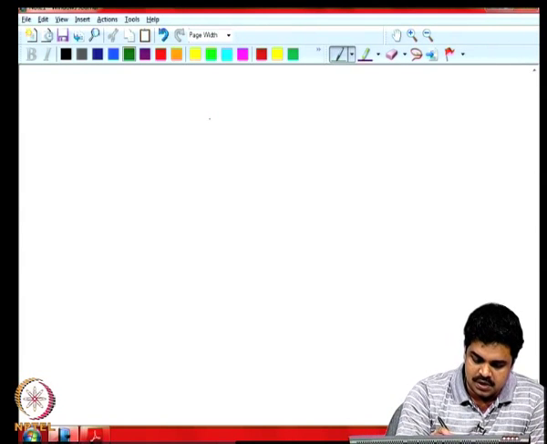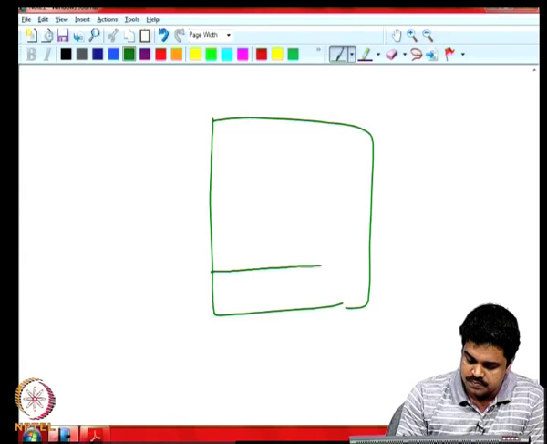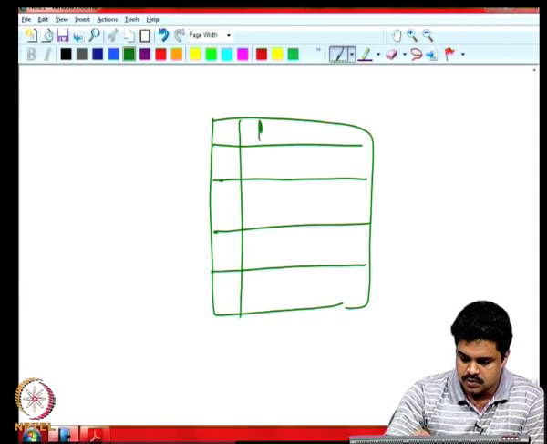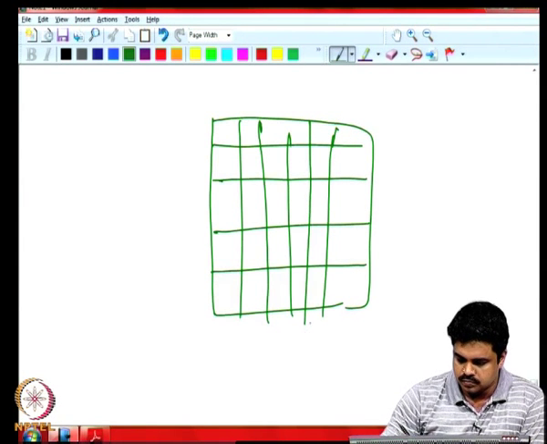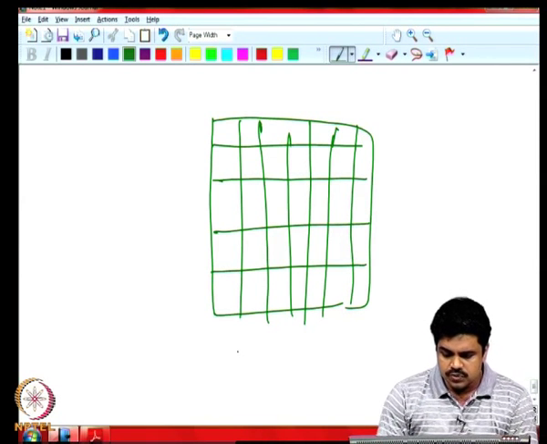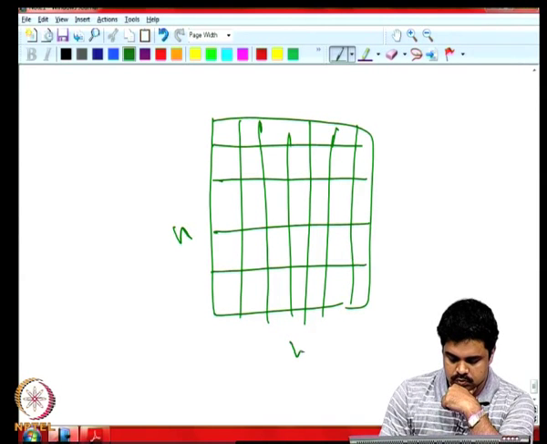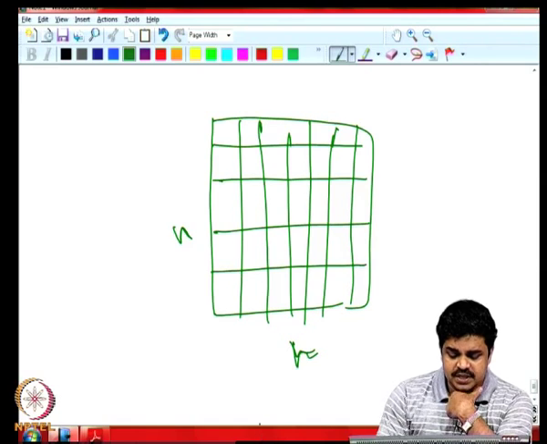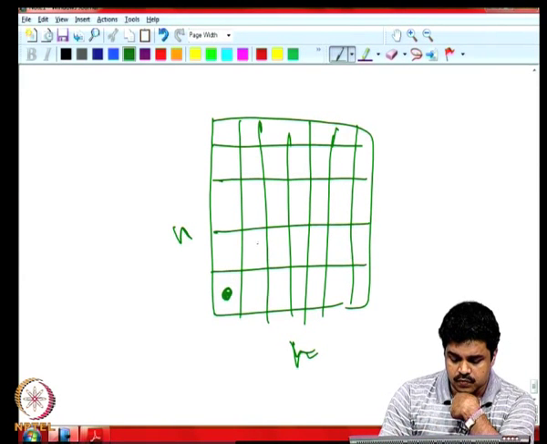For instance, looking back at our problem, I just draw a small chessboard, right. It is not necessarily 8 by 8, it is just an n by n chessboard. Now, I am placing a rook, say one here, one here, one here.